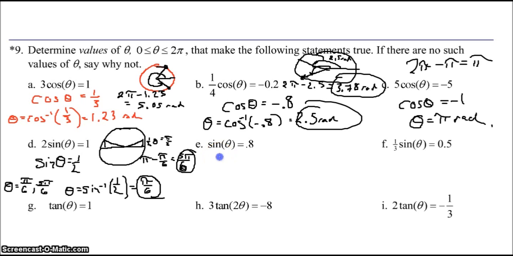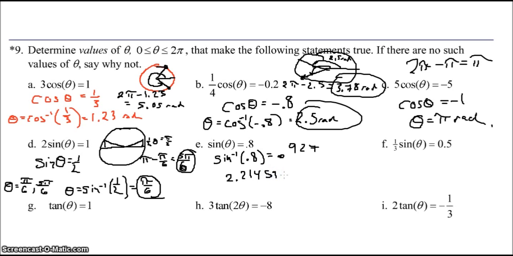Let's see. Here we can say the inverse sine of 0.8 is 0.927. And then if we take pi minus 0.927, we get 2.21459.